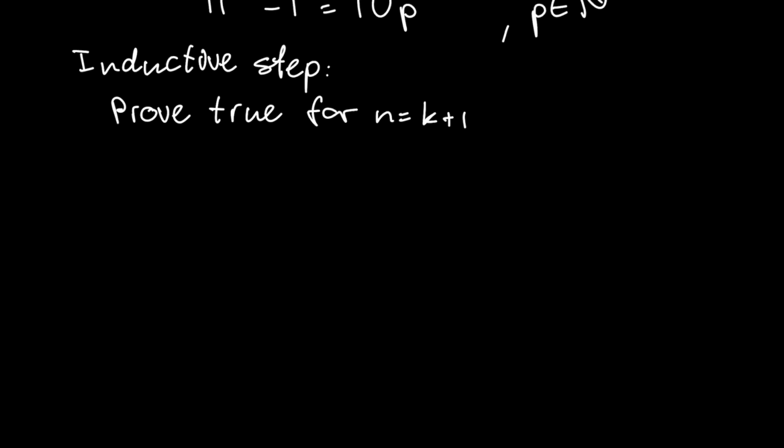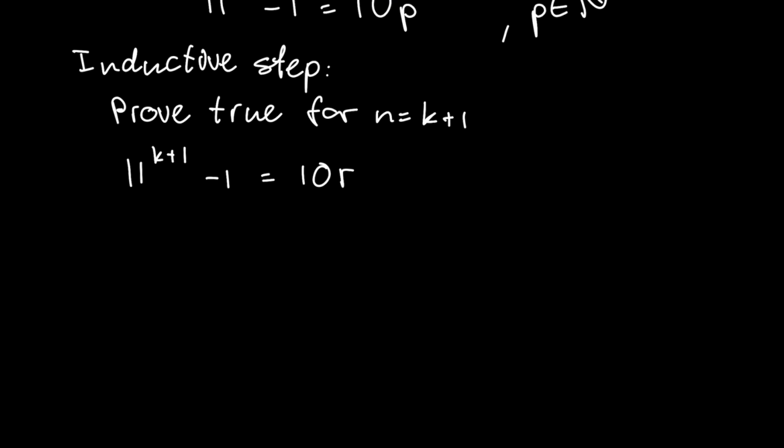We substitute in k plus 1 for n. So we have 11 to the power of k plus 1 minus 1 is equal to 10 times some number r. And now we need to prove that this number r is also an element of natural numbers. And if it is an element of natural numbers, or it is a whole number, then we can say that this is in fact divisible by 10.